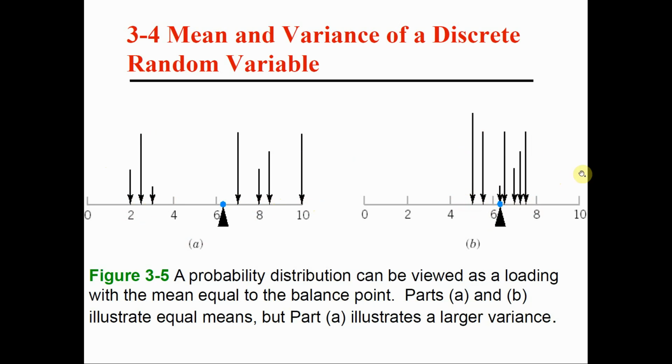However, when we calculate the mean, by coincidence, the average of these values is the same as the average of these values. So this variable and this variable have the same balance point, let's say 6.3 or something like that. So we have the same mean, which means the same balance point. However, we are still having two different variables.